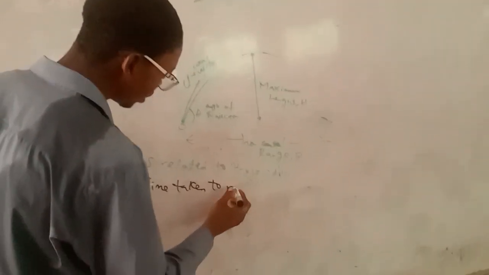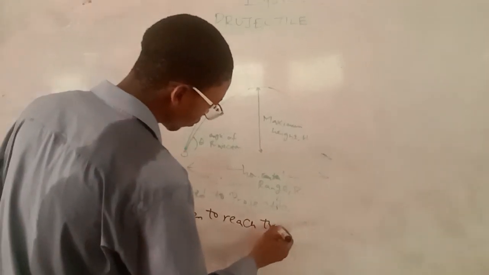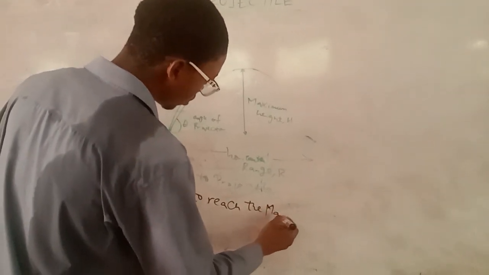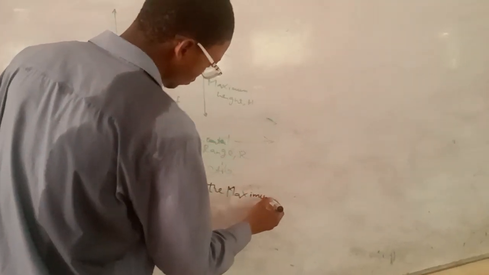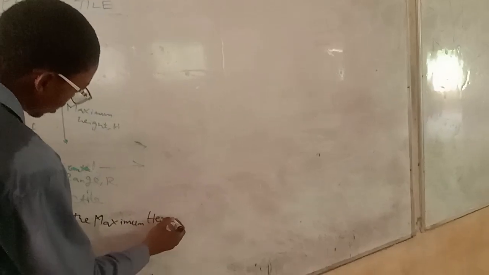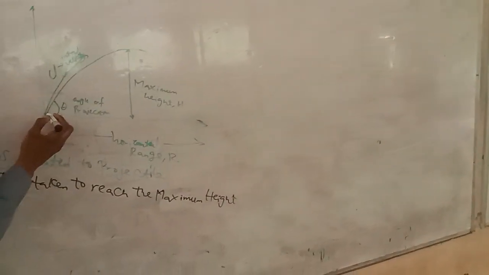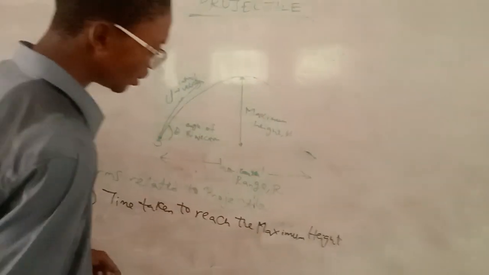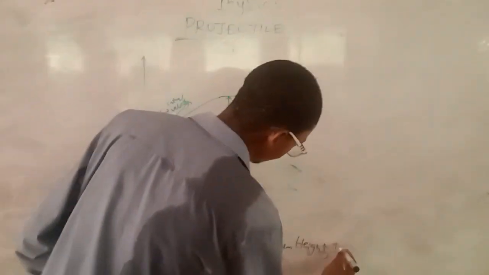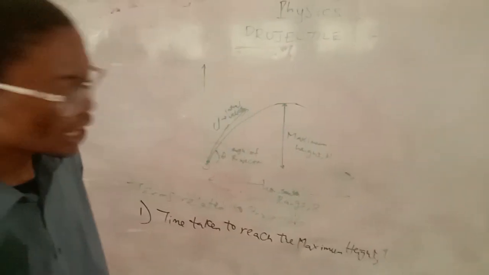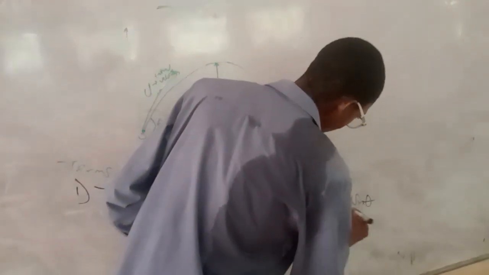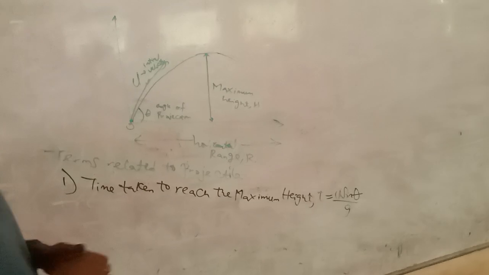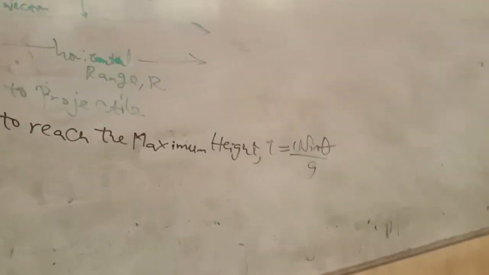Now, how can you find the time taken for this object to reach this maximum height? Let the time be t. The time taken is u sine theta over g. Are you getting me? u sine theta over g.